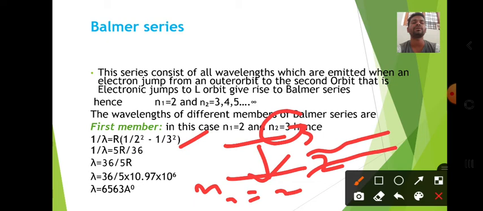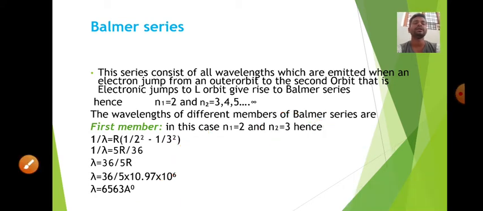Substituting in the formula and simplifying, we get the wavelength emitted when the electron jumps from the third state to the second state, which is 6563 angstrom. So the wavelength is increased in the Balmer series. And it is the first member.